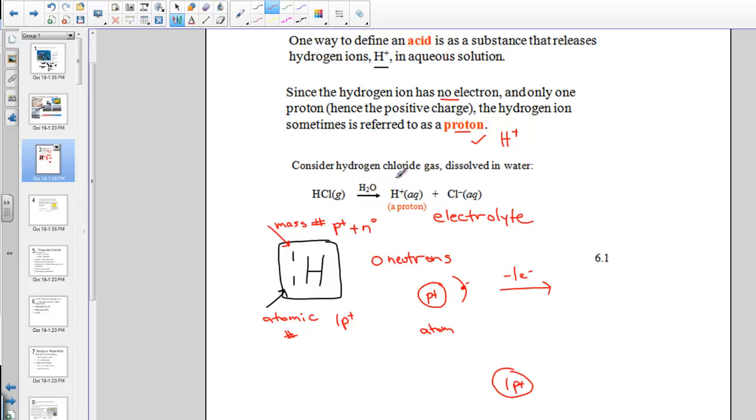And ions are charged. We learned that a cation is a positively charged ion, and an anion is a negatively charged ion. When they're hooked together by electrostatic attraction, HCl is the compound, but when they're placed in water, they break apart and dissociate. They form the ions they were built up from.